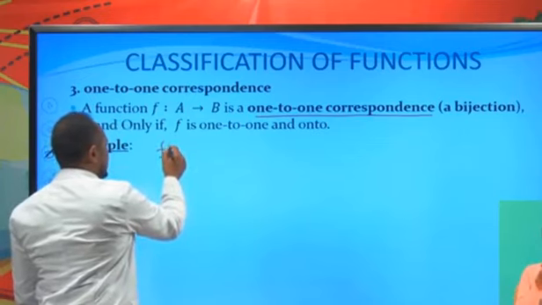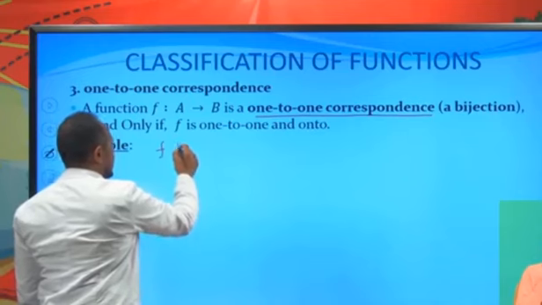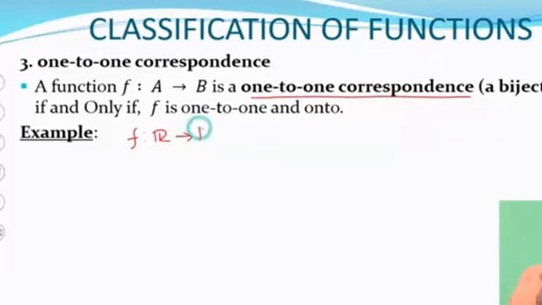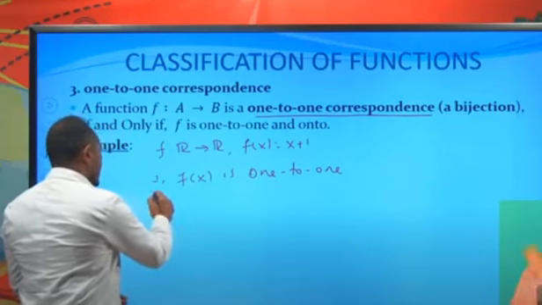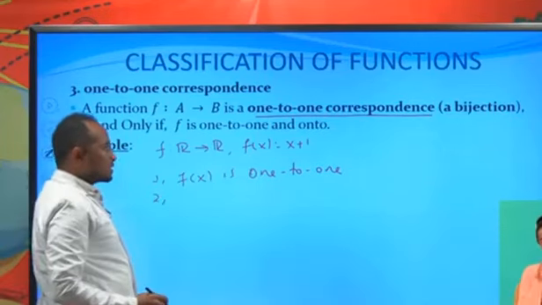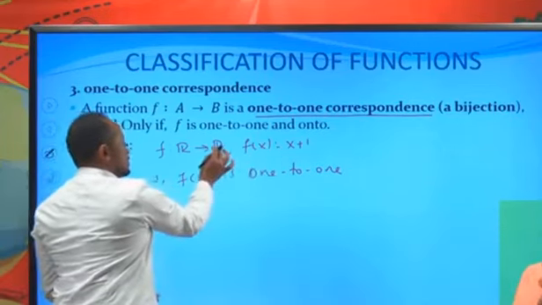If you take this one, let f be a function from the real numbers to the real numbers defined by f of x equals x plus 1. Since we have checked, f of x equals x plus 1 is one-to-one. To check onto-ness, the range of this must be the codomain.